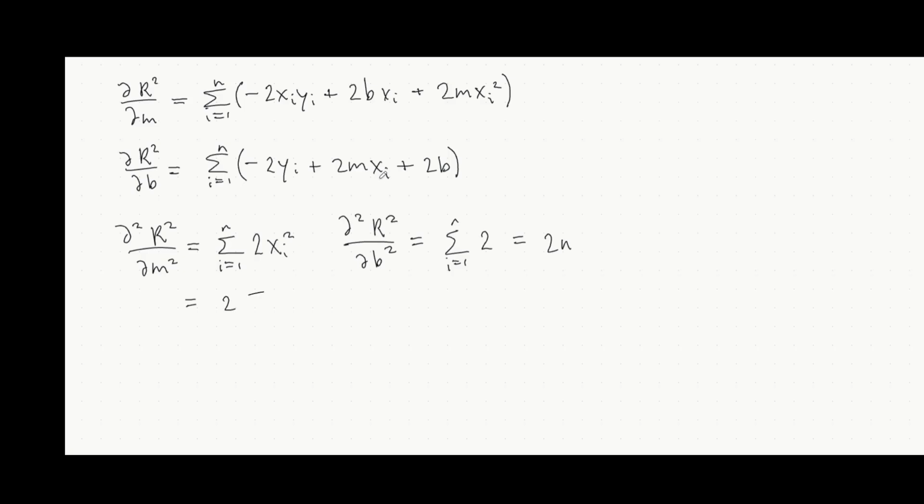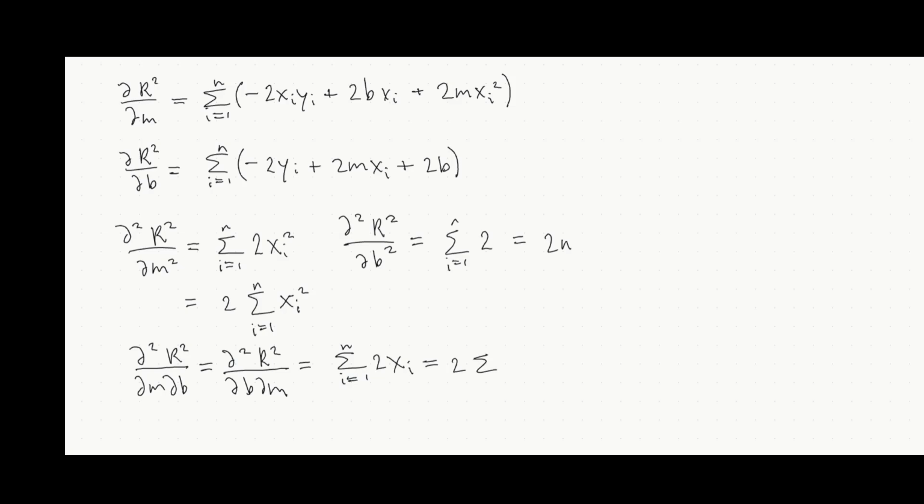This one we can factor out the 2. And then, since these are continuous functions, the two mixed order partials are the same, which you can verify. So let's just take the derivative of the one with respect to m, but now with respect to b. So we're going to get 2 sum of xi here, and factor out the 2.